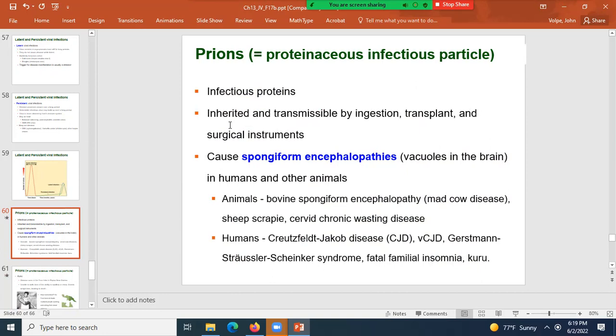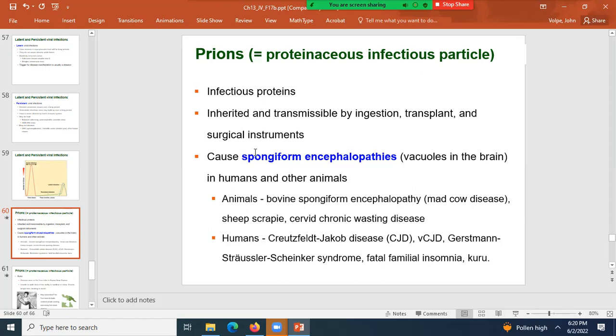They can be inherited, meaning someone can inherit a gene which makes a protein, which then leads to prion disease. And then you can transmit the disease by ingestion or transplant or, what do you call that, inject it into the patient, or surgical instruments can bring the prion to the patient.